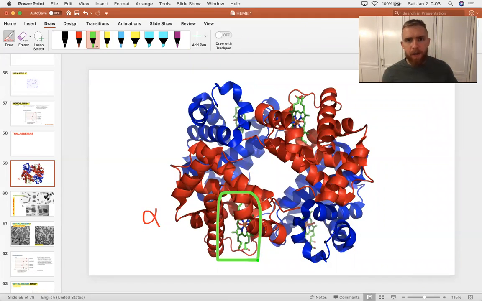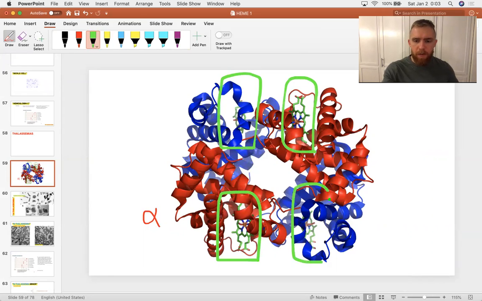And that iron can complex with oxygen. And you've got 4 such heme subunits on the hemoglobin protein for 4 total oxygen that can be stuck onto a hemoglobin at once. So notice you've got 2 alphas and 2 beta globin subunits again.